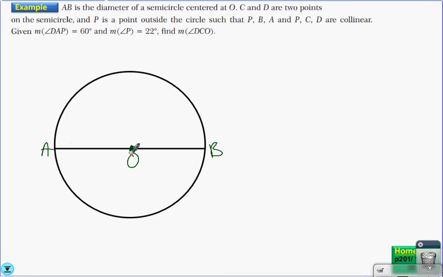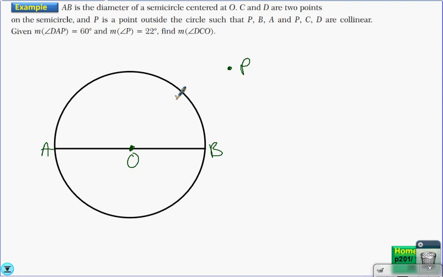Then C and D are 2 points on the semicircle, and P is a point outside of the circle. C and D will be somewhere on the semicircle, okay?